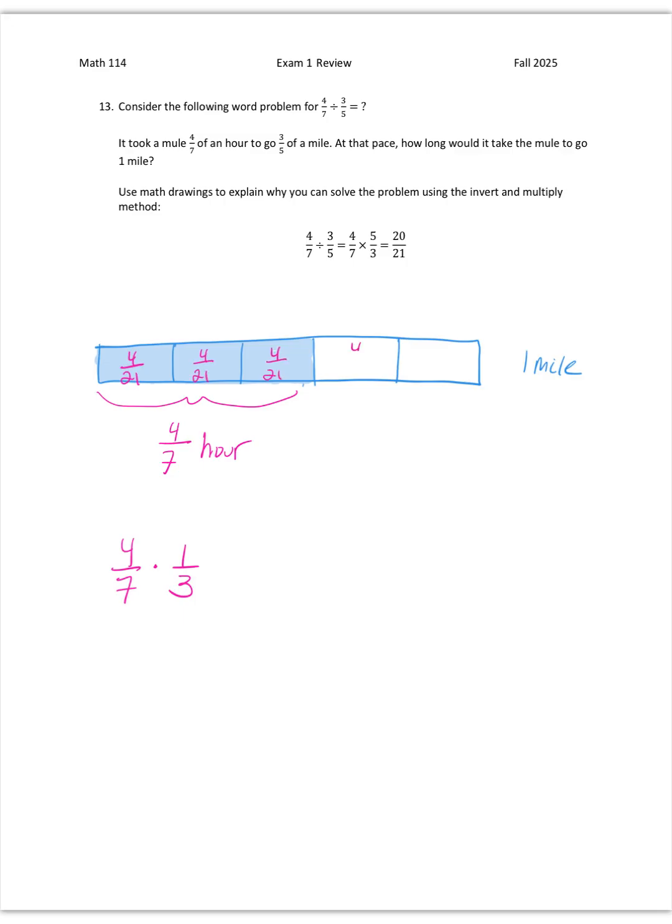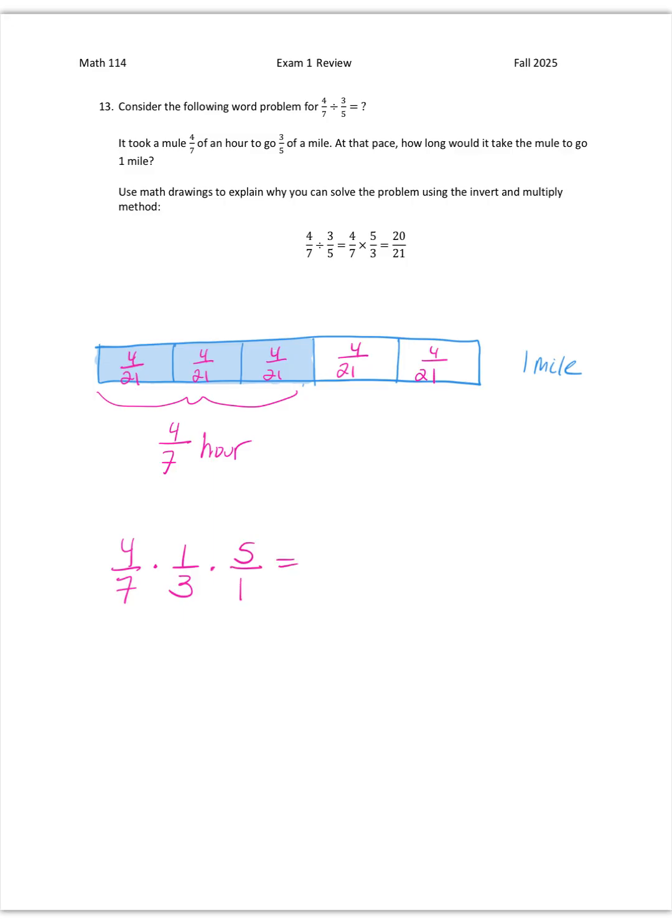Which means that is the size of every piece in this diagram because I broke it into 5 equal pieces. So I have 5 pieces that are each 4/21. So I have 4/21 times 5. So now I'm going to times 5, which is the same thing as 5/1.